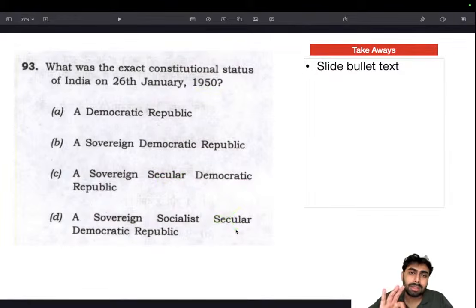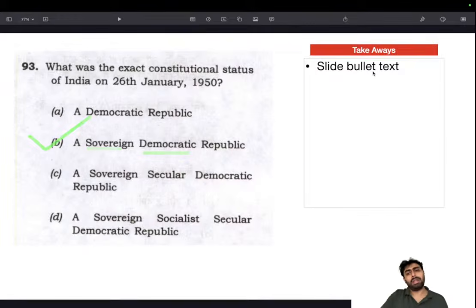These are the 3 words inserted into the preamble with the 42nd Amendment Act. So this is wrong. A democratic republic, a sovereign democratic republic. Obviously, India is a sovereign democratic republic. A democratic republic, India was a democratic republic? No, India wasn't. It was under colonial rule. So we became a republic, and we are a sovereign state, and we are democratic. So this is the answer.